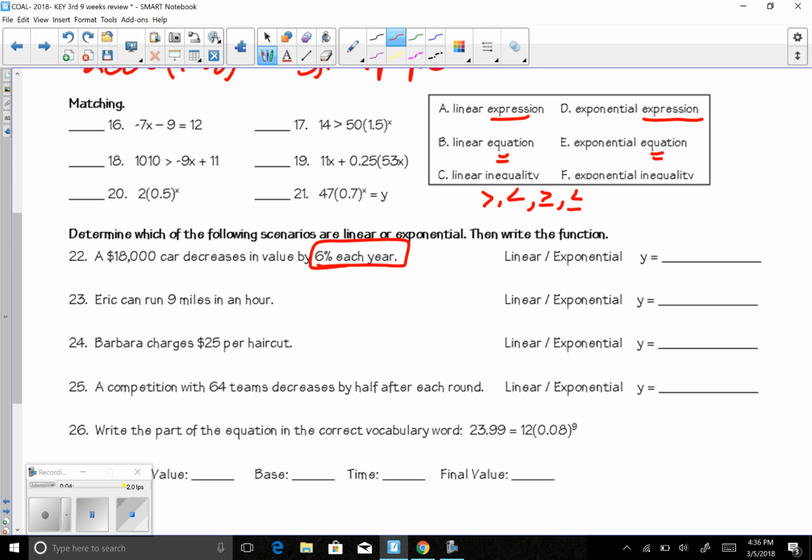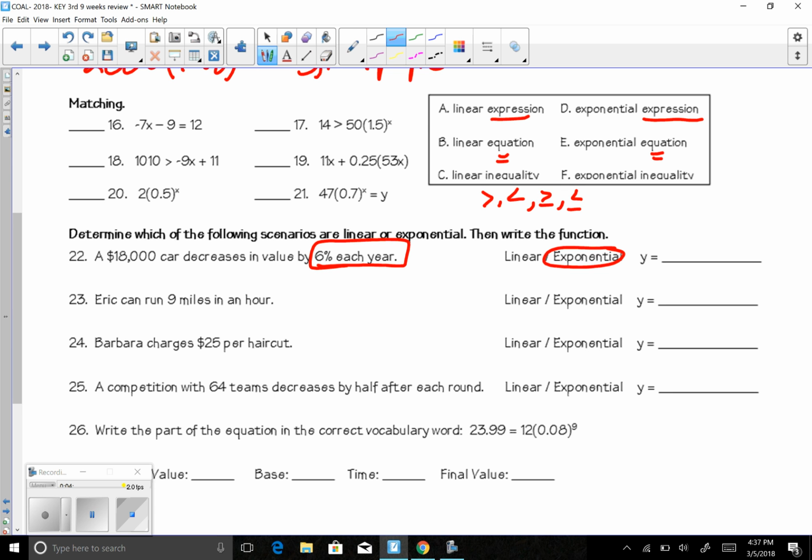So the amount that it's going to decrease is going to depend on the value that it was. So whenever you're increasing or decreasing by a percent each year, that's going to be exponential. Some examples are the value of cars decreasing, maybe the value of a home increasing, or a population increasing or decreasing. Those are generally things that you're going to see represented with exponential functions.